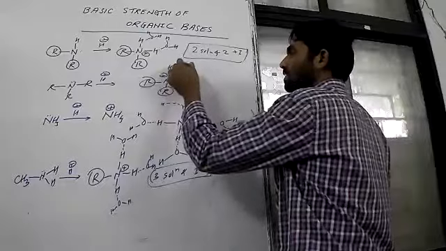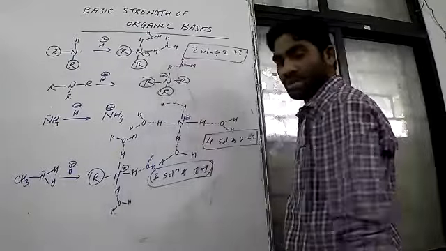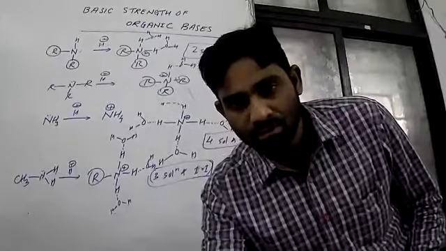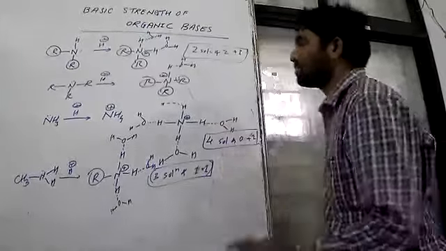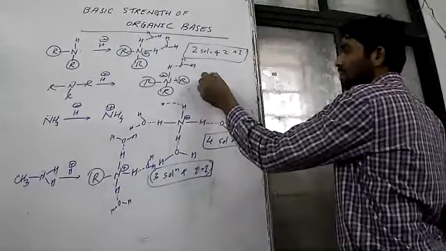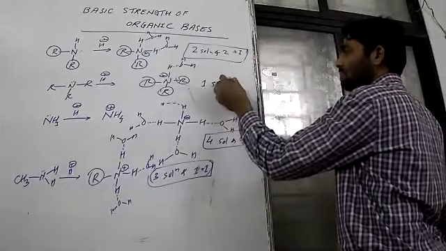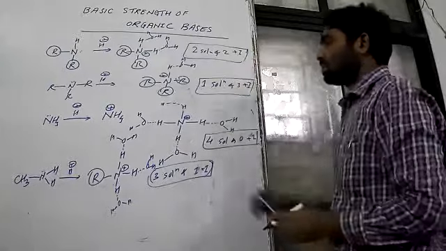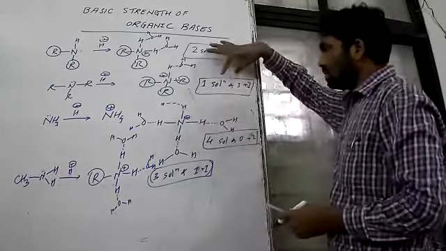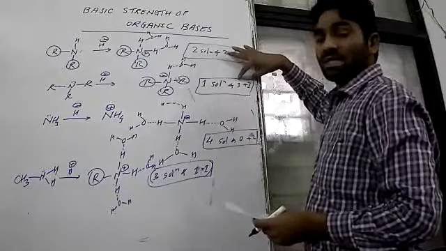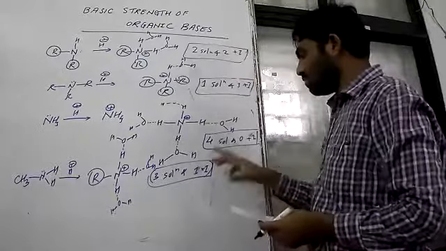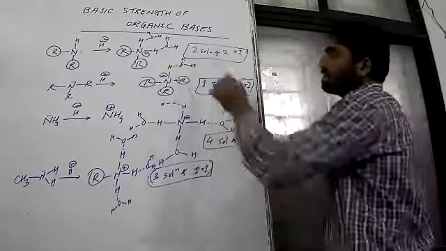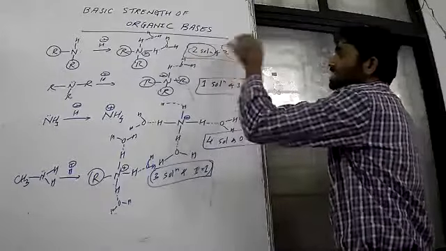Only one solvation and three plus I. So here solvation is less, plus I is more. In another case, solvation is more, plus I is less. But in secondary amine, solvation and plus I are equal.